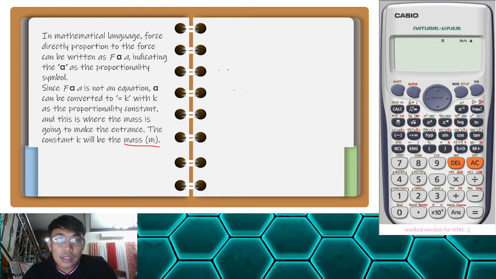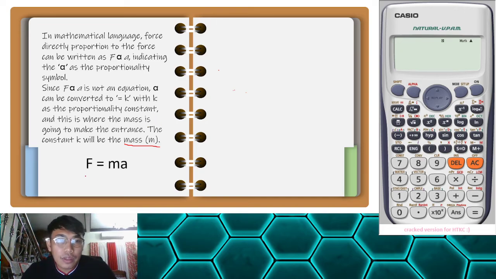That mass is not really constant per se, but it is a constant part of the formula. That formula will always have a mass. So that is the constant component of our formula.